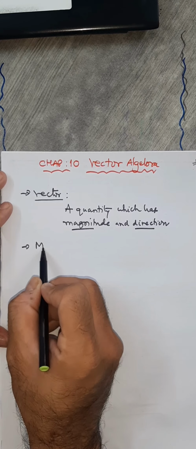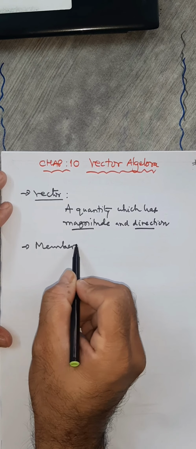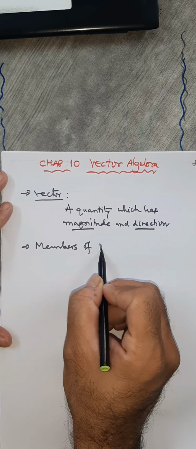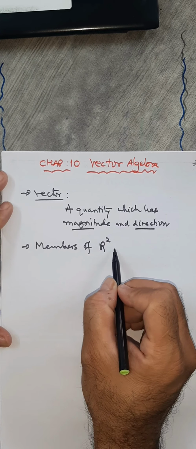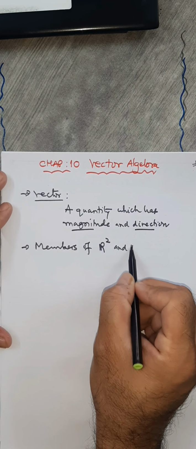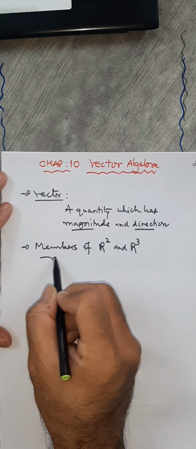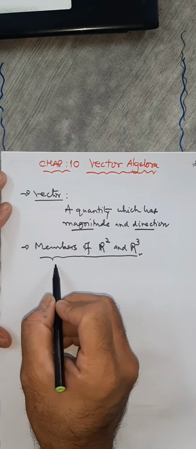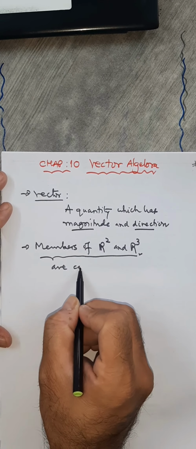If you remember, members of R2, that is the Cartesian plane, and R3, as far as your syllabus is concerned, these members of R2 and R3 are called vectors.